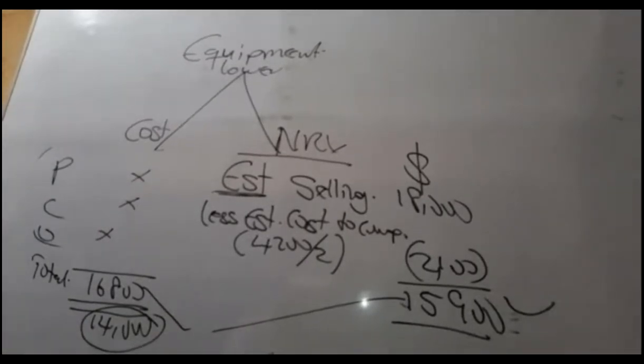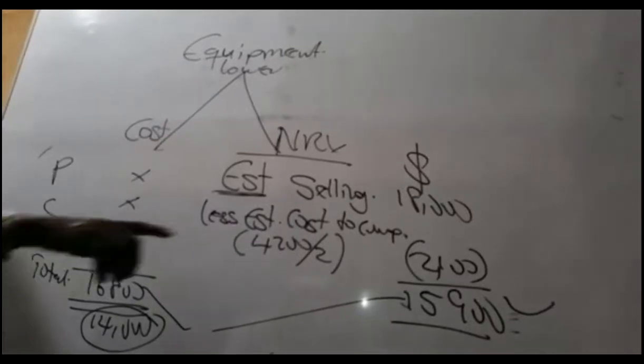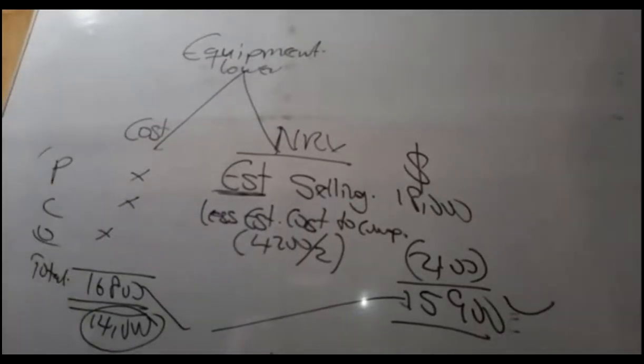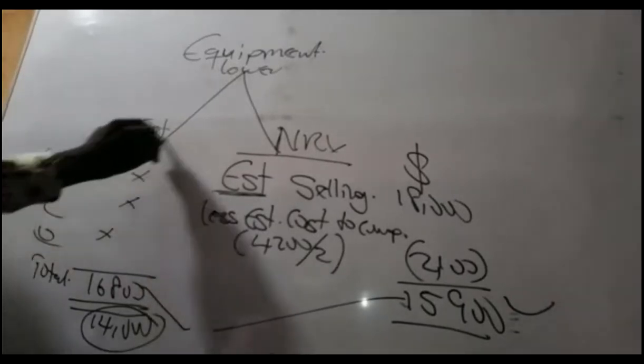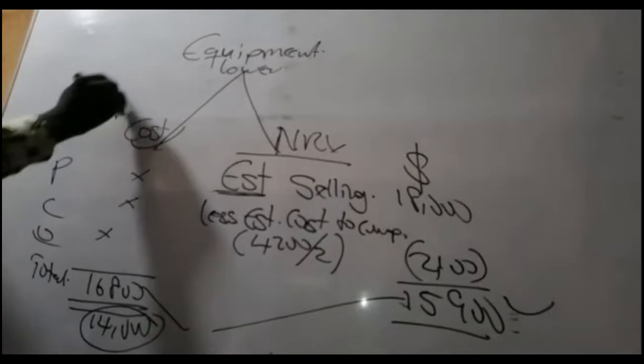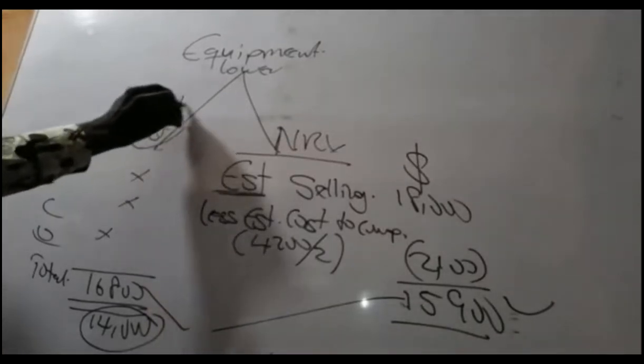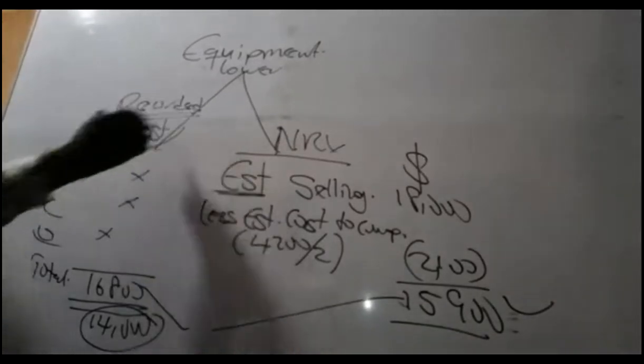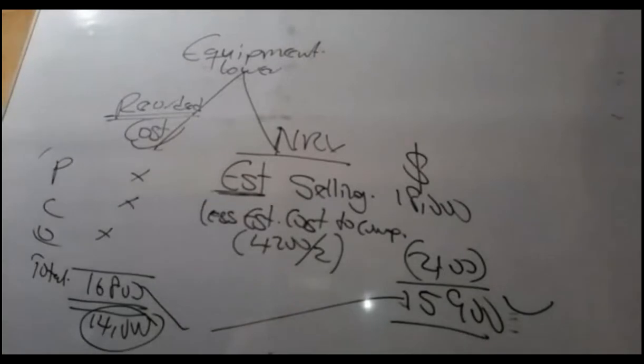No accounting treatment again. Now, when NRV happens to be the lowest one, then there's a danger. You have to account for it. We said that this cost is in the books. It has been recorded. This is the recorded figure. It's always a recorded figure. That's the actual. It will be in the books.